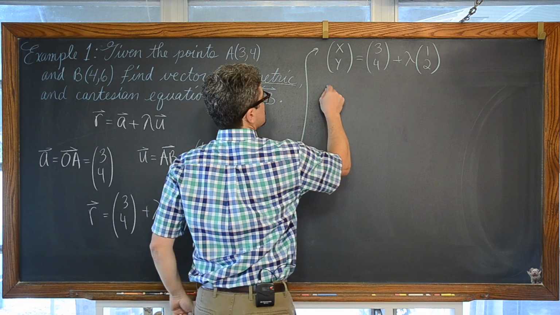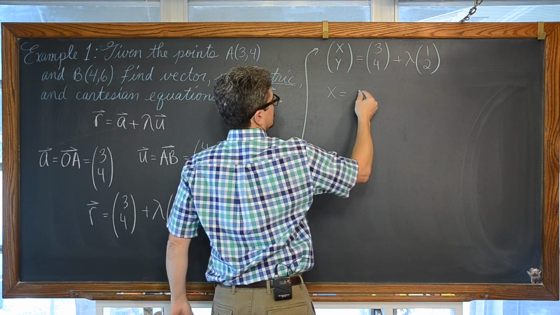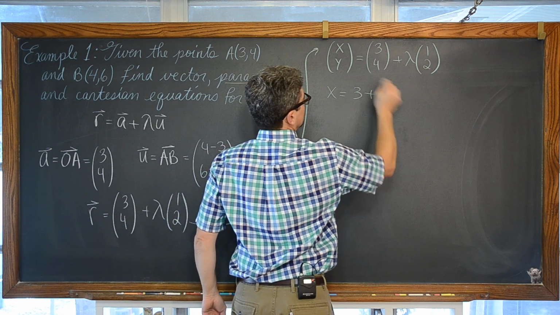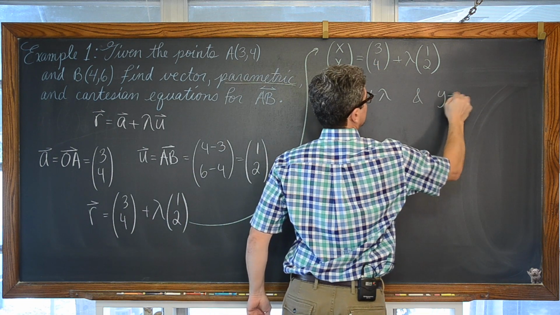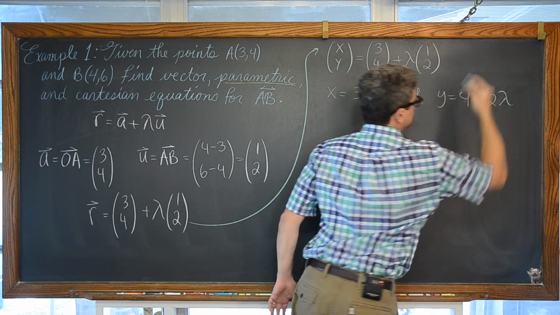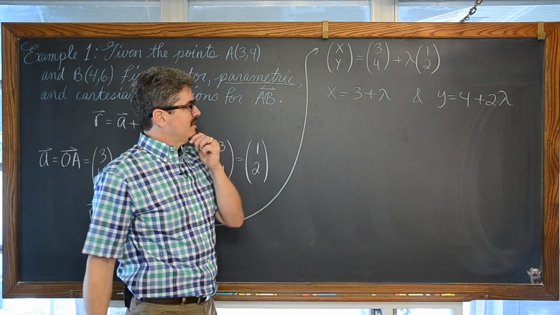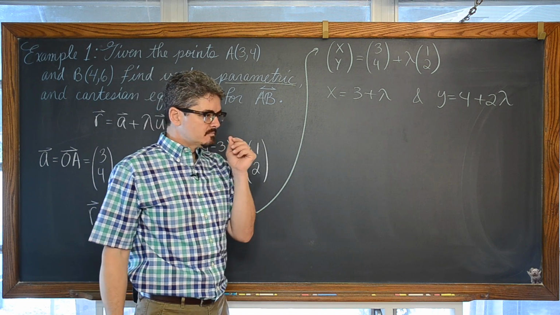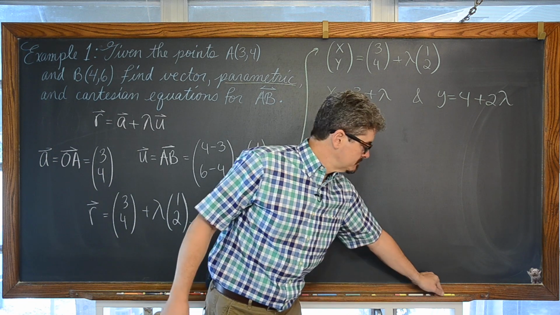We get x is equal to 3 plus lambda, and y is equal to 4 plus 2 lambda. Boom, parametric form.